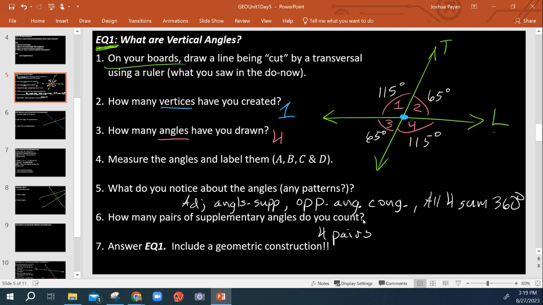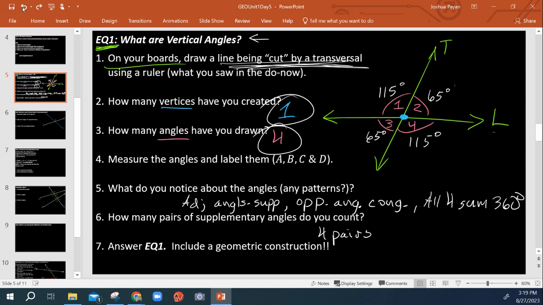Now, what are vertical angles? Everything that we just described answers EQ1. Vertical angles are formed by a line being cut by a transversal. Therefore, you're creating one vertex that has 4 angles. All 4 of these angles share the one vertex right here.